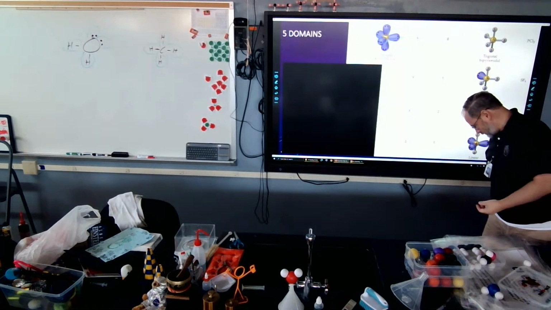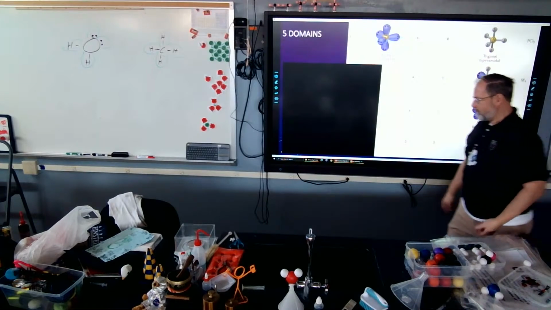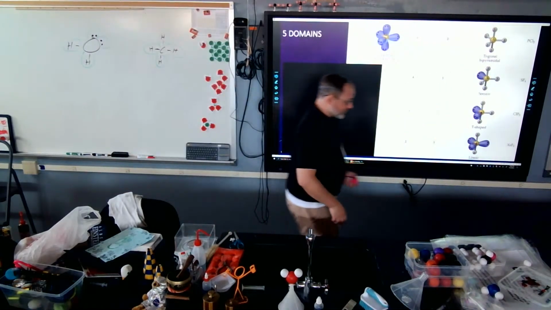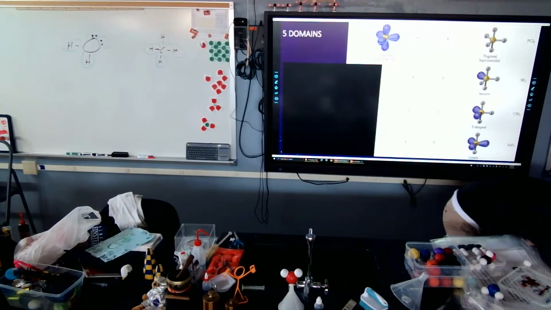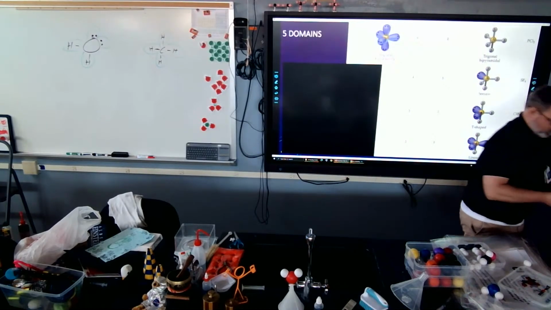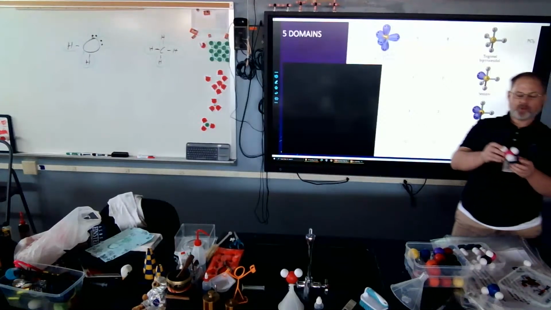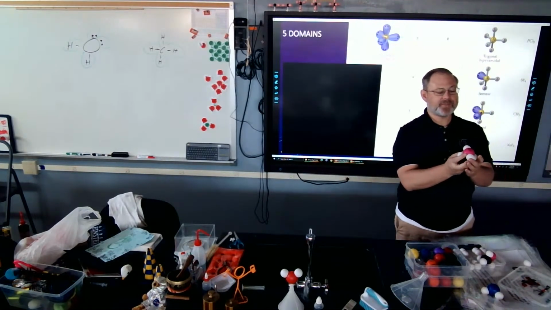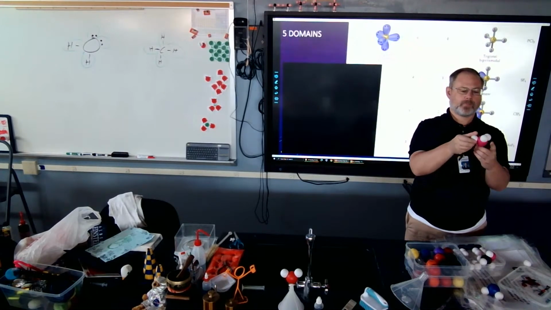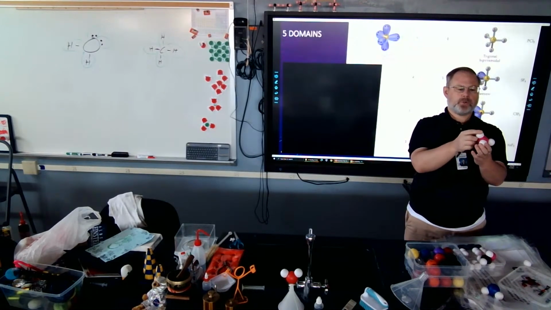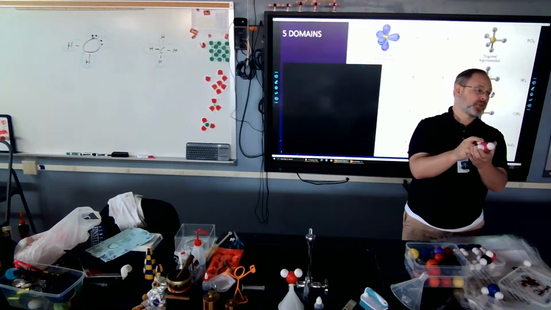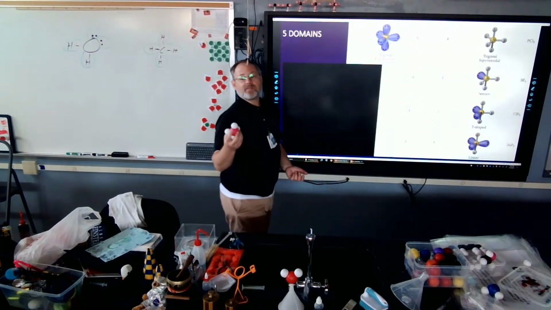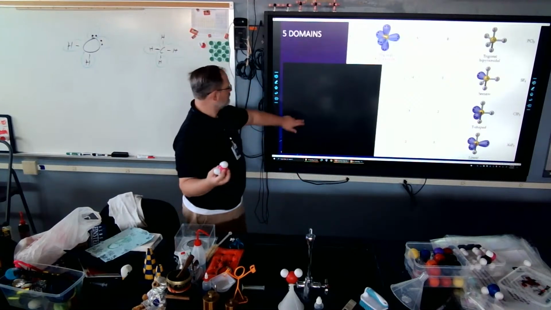The molecule becomes seesaw. So if 4 of 5 are bonding, you have a seesaw geometry.